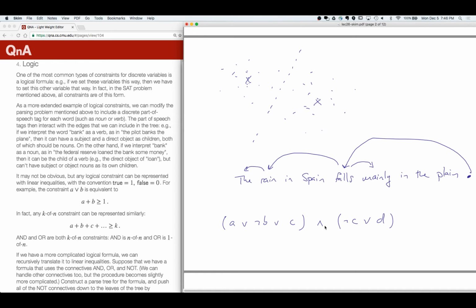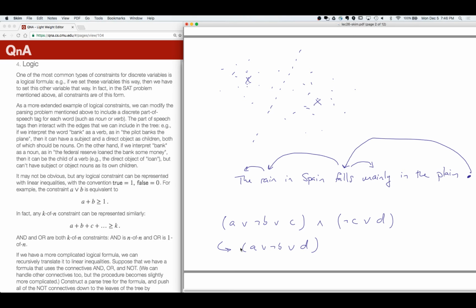And if you remember, there are all sorts of ways to work with logical formulas like this. For example, if you do resolution on these two, you'll get the formula A or not B or D, right? And so what you would like is to be able to write out a whole bunch of these logical constraints and have your solver effectively do this sort of reasoning for you.